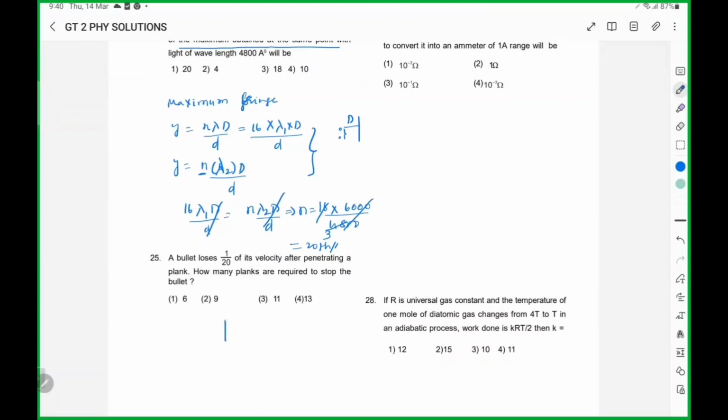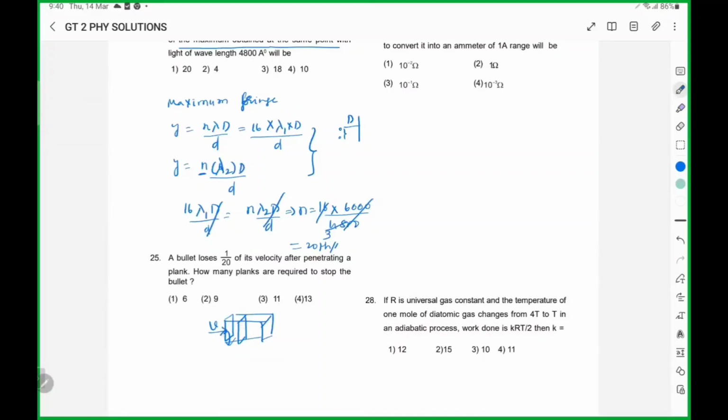A bullet loses 1/20th of its velocity after penetrating through one plank.